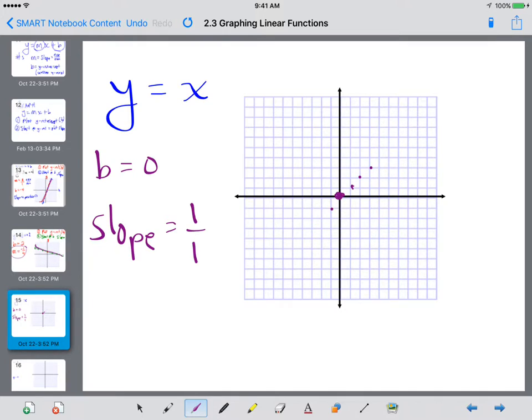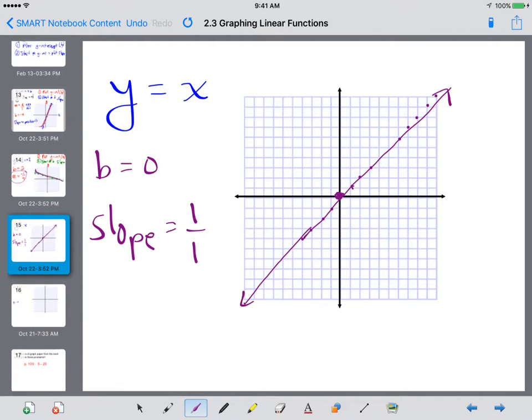And repeat it. We go down 1 to the left 1. We'll continue to repeat it until we get this line. Notice how it's important to make those dots, because my line here is not perfect. It kind of gets lost a little bit. So it's always good to make all of the dots so that you can draw your line straight through them all.